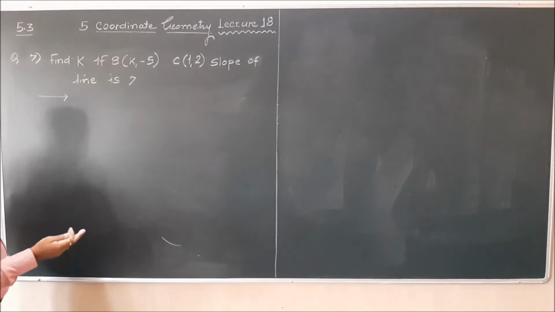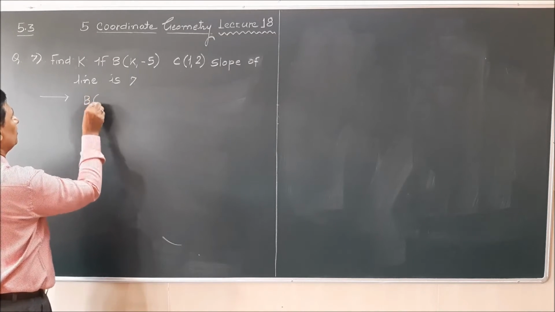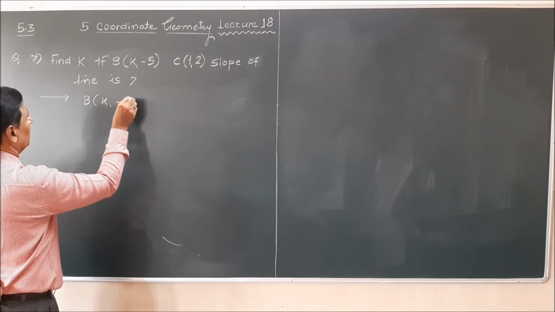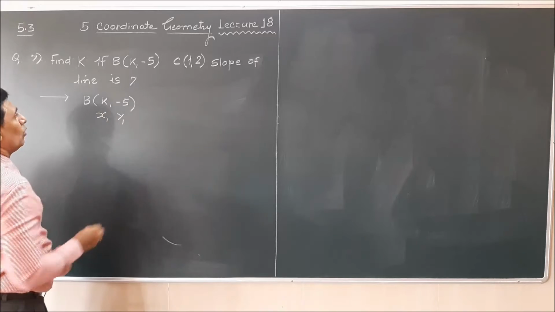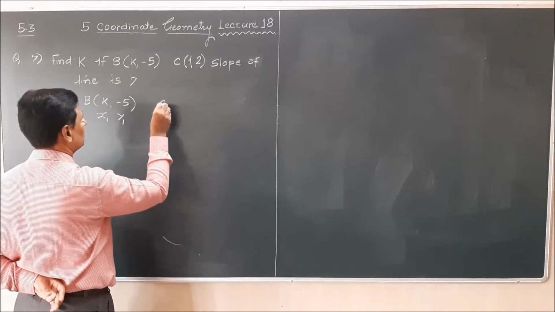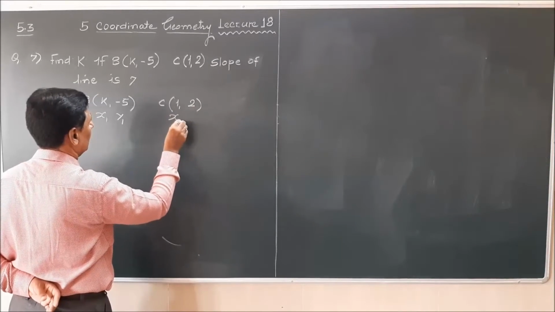In the same manner here, I'll take the coordinates of B, k comma minus 5, as x1 y1, while the coordinates of C, 1 comma 2, as x2 y2.